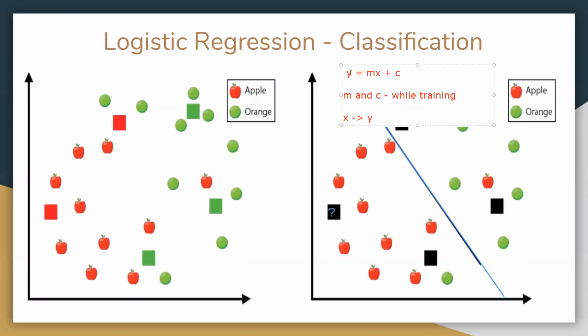This y value can be negative or positive. If it is negative, most of the time it will be left of the line. If it is positive, it will be on the right side of the line. So based on negative or positive, if the predicted y value is negative, it will be apple. If it is positive, it will be orange.